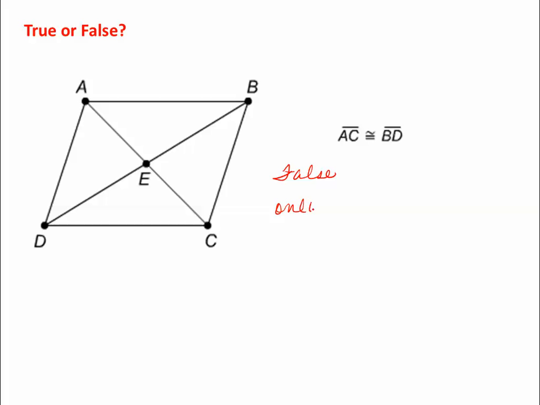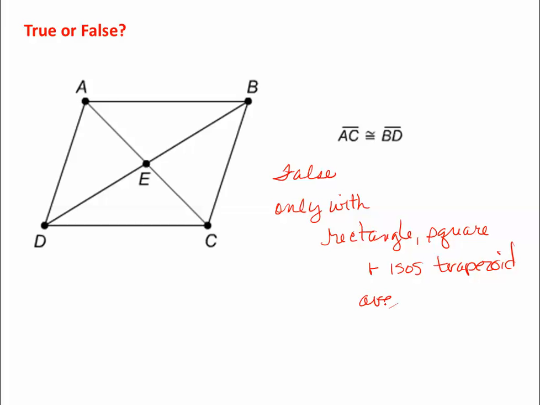So I'm going to put that only with a rectangle, square, and isosceles trapezoid are the diagonals congruent. Okay, only with those figures will the diagonals be congruent.